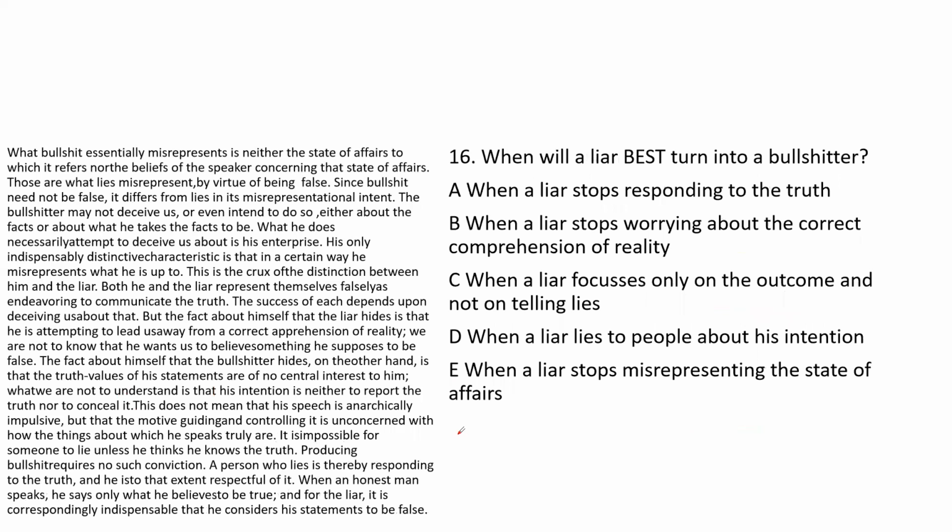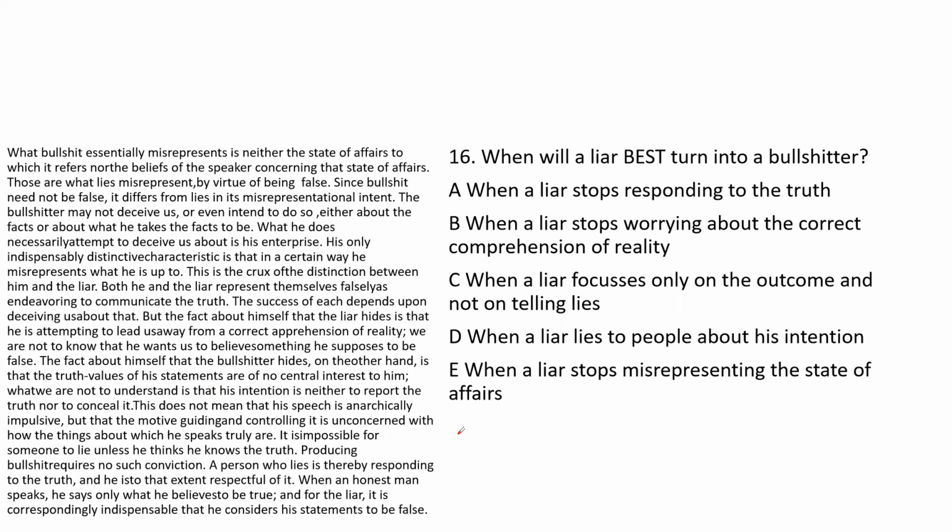Let's look at question number 16. When will a liar best turn into a bullshitter? If we understand the context, the passage discusses the distinction between the liar and the bullshitter. In the case of a liar, he knows the truth and he tries to make us believe what he supposes is false.